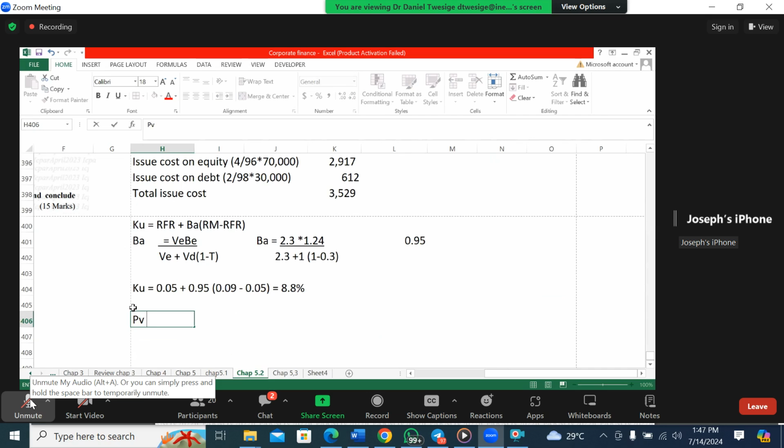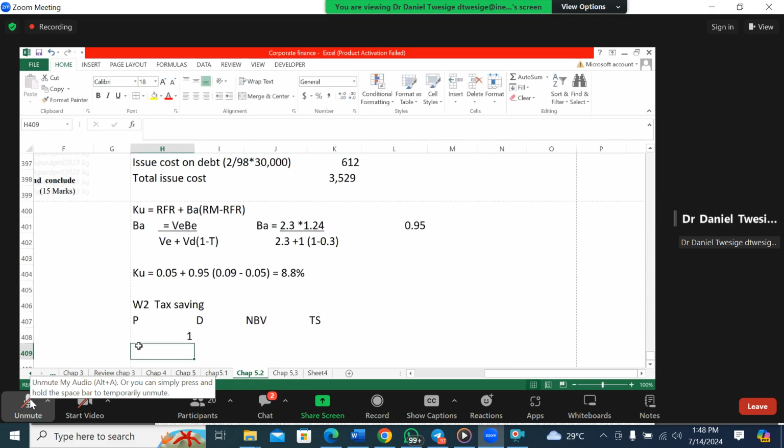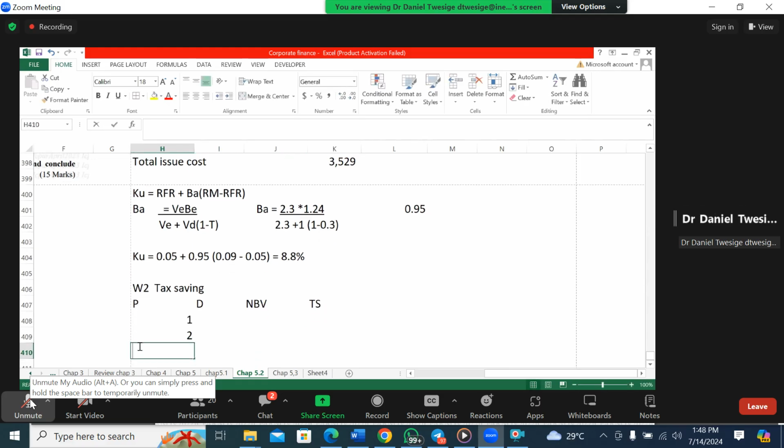Hey, there is a tax. Oh, there is a tax. We need to get to working number 2, the tax saving. This is our period, depreciation, net book value, then the tax saving. Period 1, period 2, period 3.